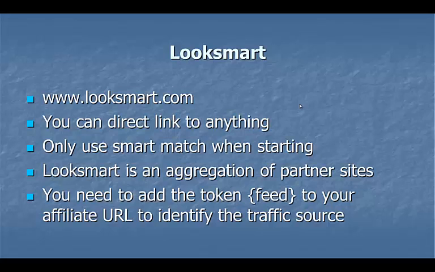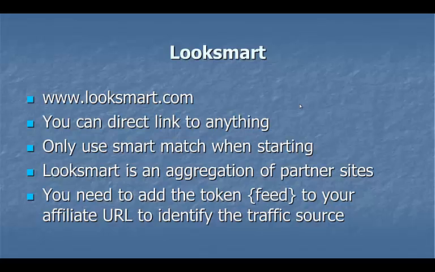Their website is an aggregation of a lot of partner websites, and there are a lot of fraudulent partners. So I recommend that when you start advertising on Looksmart, you start your keywords on Smart Match until you find out which partner sites are providing garbage traffic, and then block them.